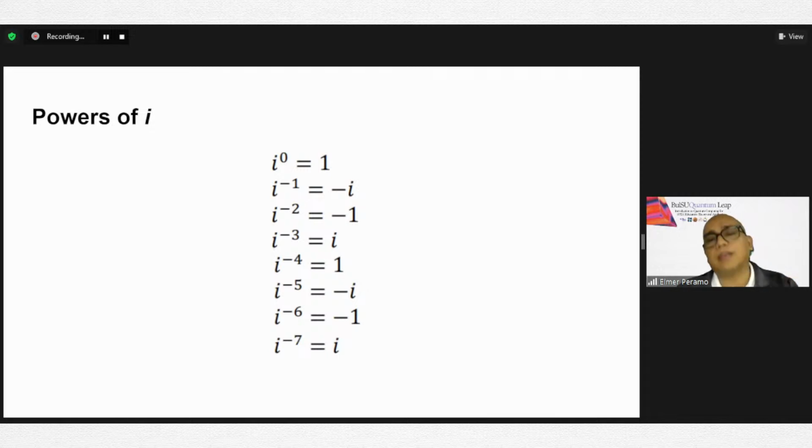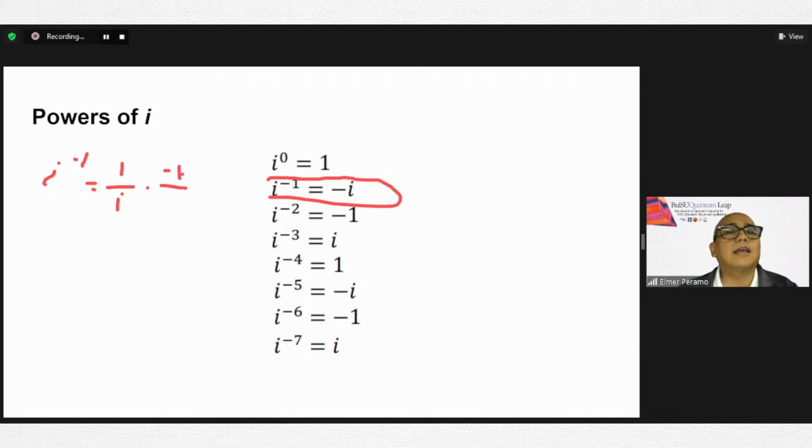For negative exponents, same thing, it's just modulo 4. We'll just cycle. I raised to the negative 1 is 1 over I. Let's compute this one. 1 over I: multiply this by its complex conjugate. What's the complex conjugate of I?